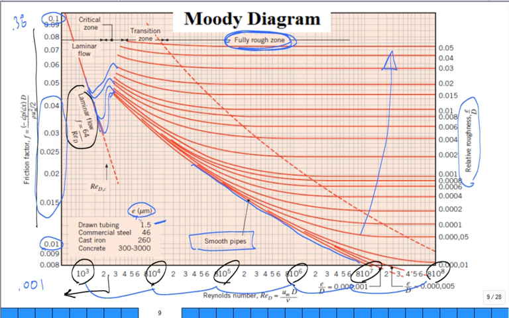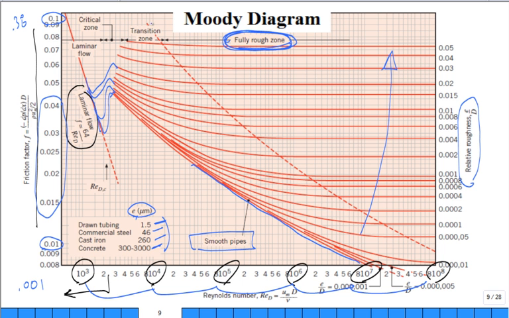A lot of copper tubes with fluids flowing through them. And then you have commercial steel. Yeah, that's a little rougher. We have a lot of flow in commercial steel. Cast iron, a little rougher. And then the very rough would be concrete, but that's more of a civil engineering application, isn't it? But yes, so you can get the rougher pipe, and you have that fully rough zone or fully turbulent or complete turbulence region.